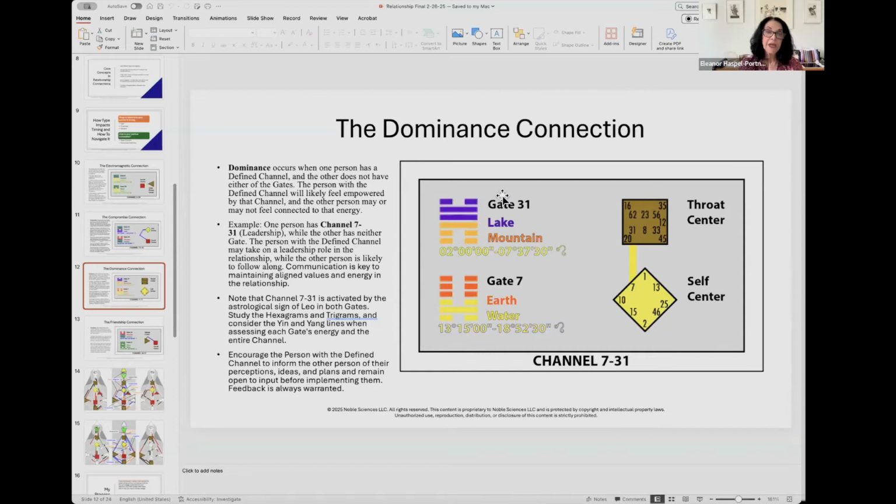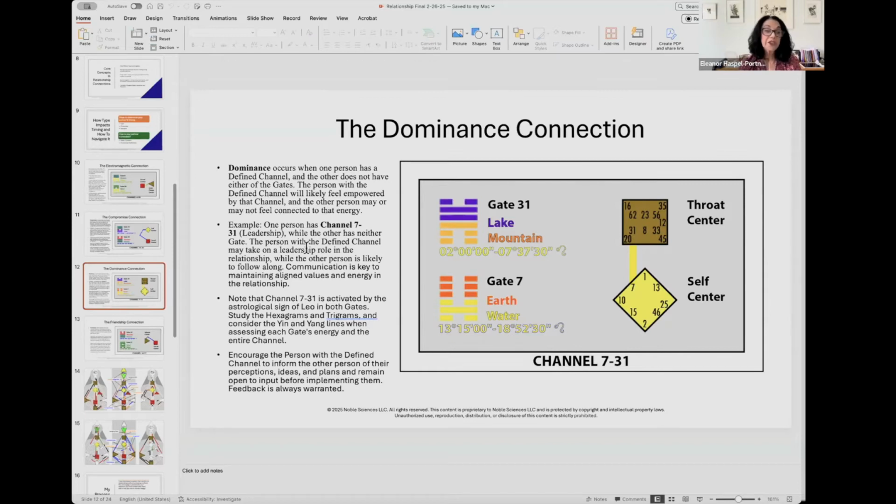In the dominance connection, one person has the whole defined channel, and the other person doesn't have any of it. So the person with the defined channel will likely feel empowered by that channel, and the other person may not feel connected to that energy at all. I picked the 7-31 as an illustration for you because it's such a strong channel.